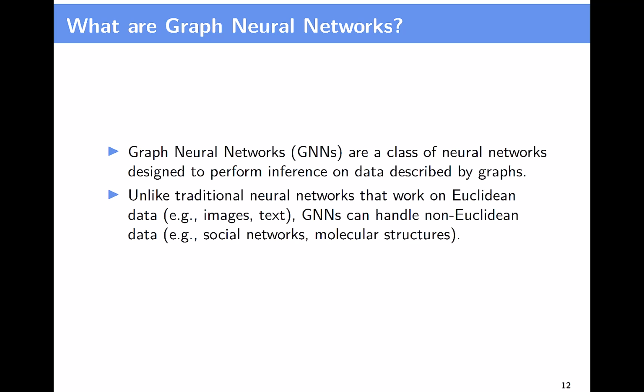Then in this work, we're focusing on using a graph neural network as a machine learning tool to classify human subjects. Unlike traditional neural networks that mostly work on Euclidean data such as images or text, a graph neural network handles non-Euclidean data such as social networks or molecular structures that can be represented as two sets, the set of vertices and the set of edges.